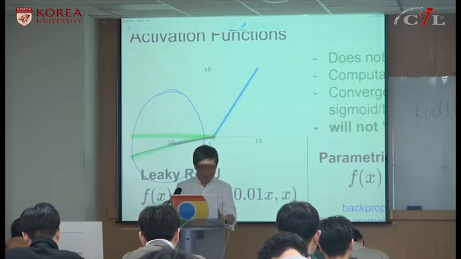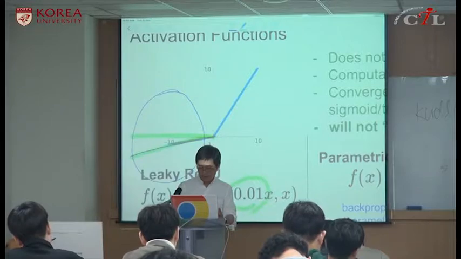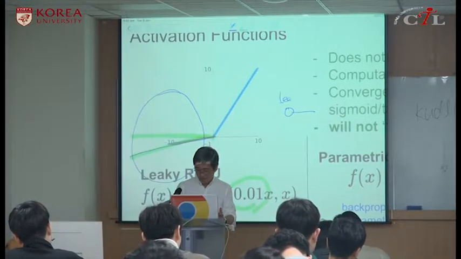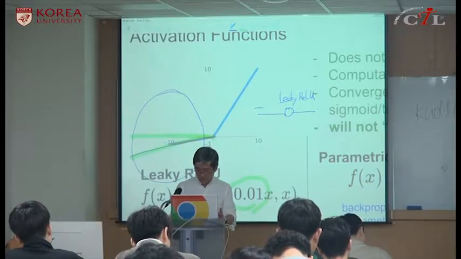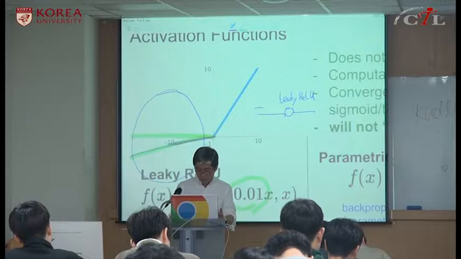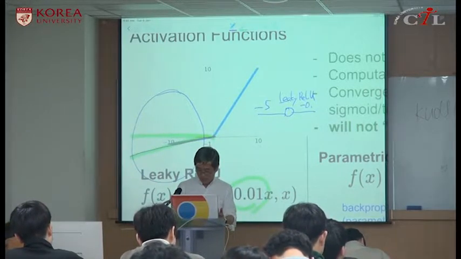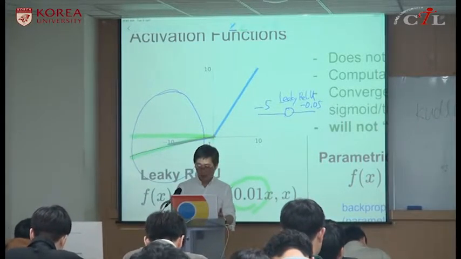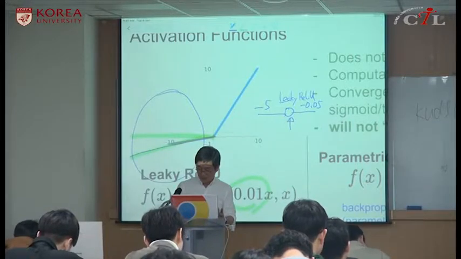But that gradient will really become small, right? So this is a Leaky ReLU, and the forward propagation input was negative 5, and then the output will be negative 0.05, right? Suppose the gradient arriving at this node was maybe 3.